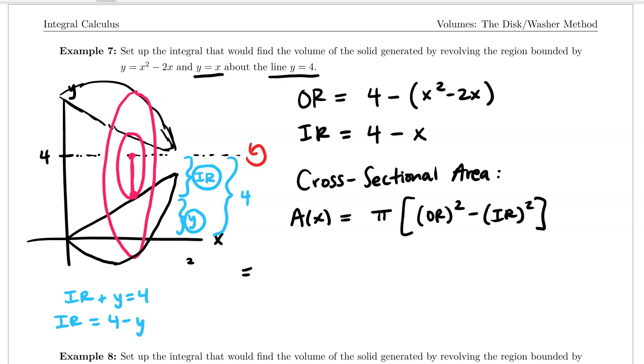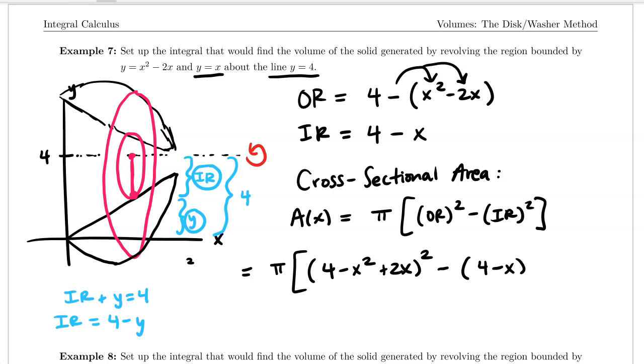And so that's going to equal pi times our outer radius. Maybe I will distribute this negative sign here. So we get 4 minus x squared plus 2x, quantity squared, minus 4 minus x, quantity squared, because that was our inner radius. Okay, so now let's go on to talking about the volume of this three-dimensional shape.